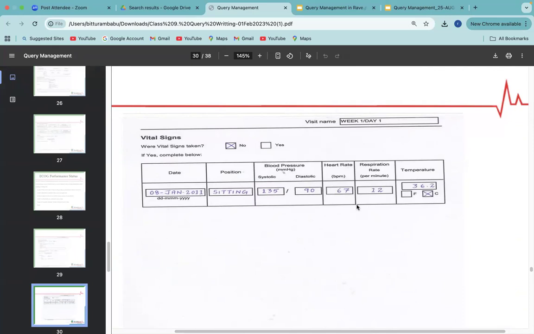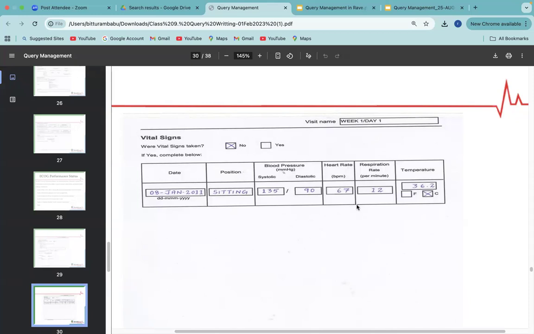If the vitals were not taken, then how have they mentioned the vitals? There is a question asking were vital signs taken. Then they have marked no. Then how have they mentioned all the vitals here? Very good.